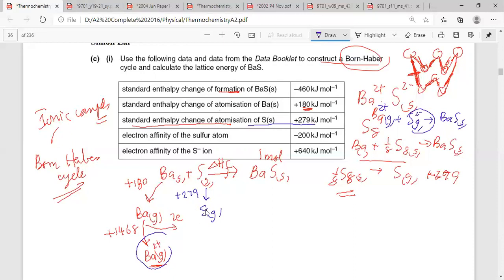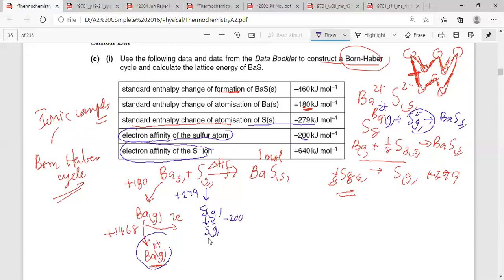Now this sulfur, of course, takes in electrons. They give you electron affinity for the sulfur atom, the first one and the second one. You can put 2 together, or one by one if you're a bit fussy. S to S- gas, the first one is minus 200, but it's more stable then.